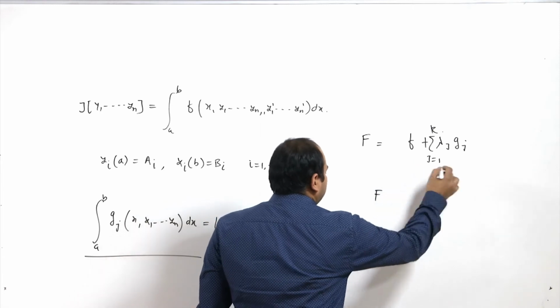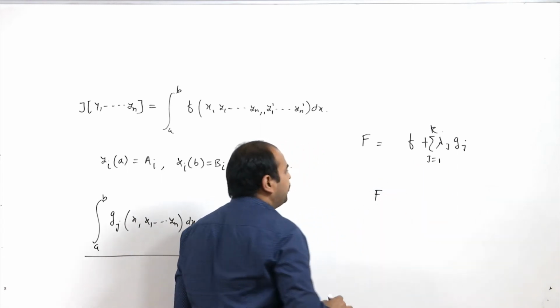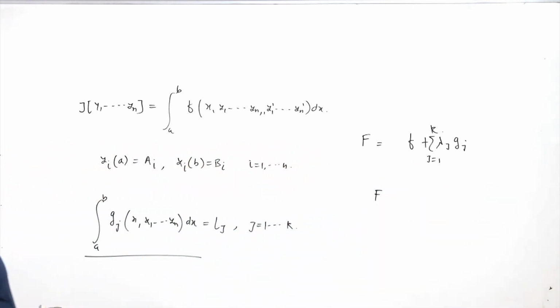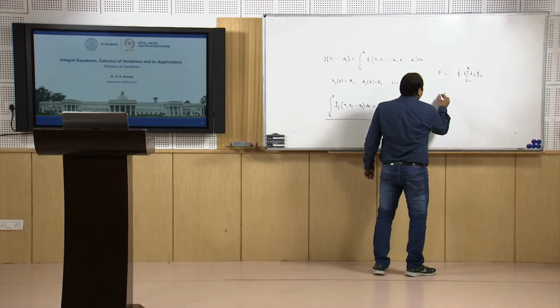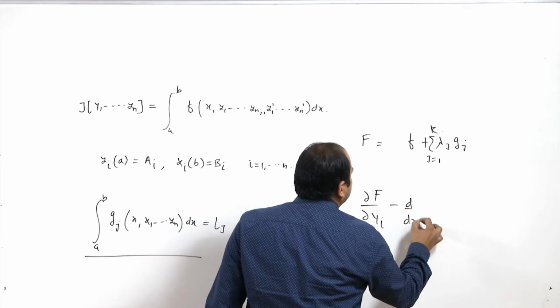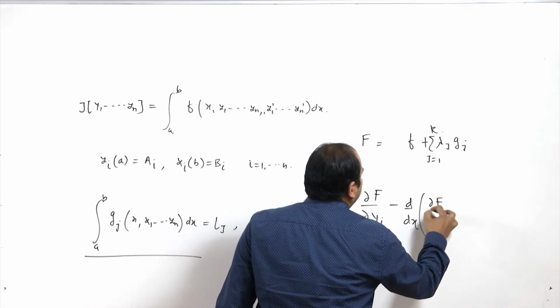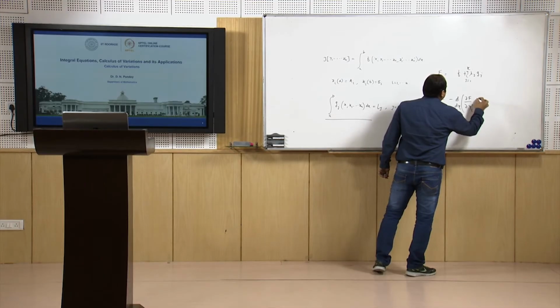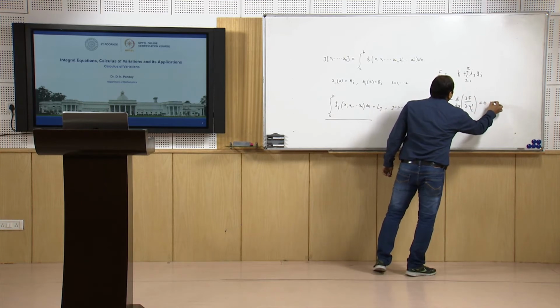So, F satisfies the Euler's equation, which means that del F by del yi minus d by dx of del F by del yi dash is equal to 0 for each i equal to 1 to n.